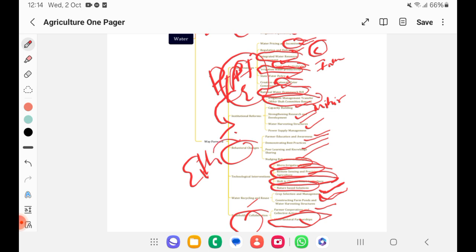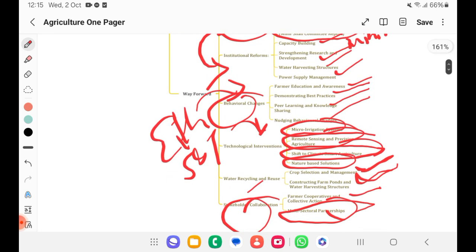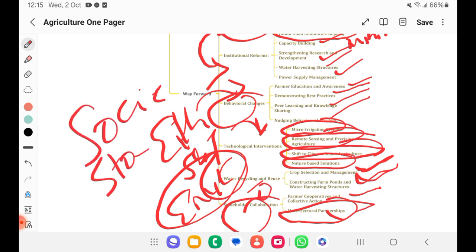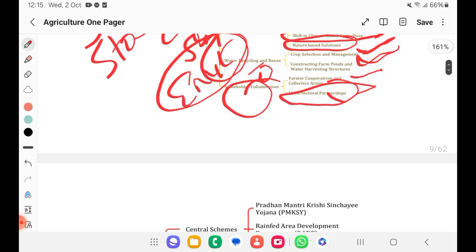In science and technology, you talk about technological intervention. In environment, you talk about pollution, water recycling, etc. In society, stakeholder collaboration is very, very important. With these keywords, you can remember what to write in the way forward.